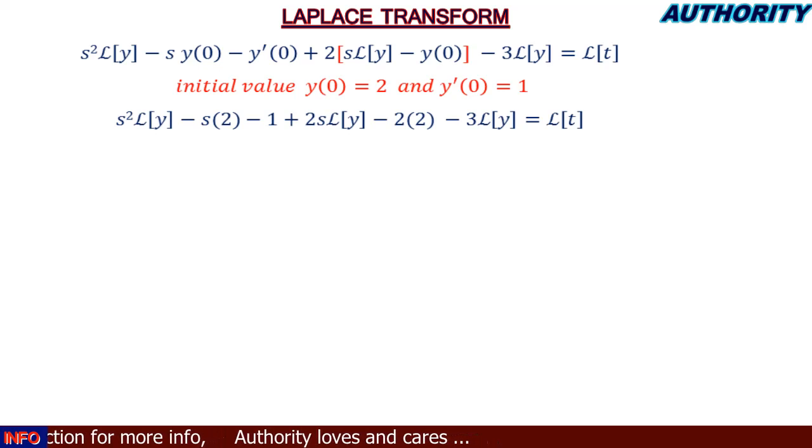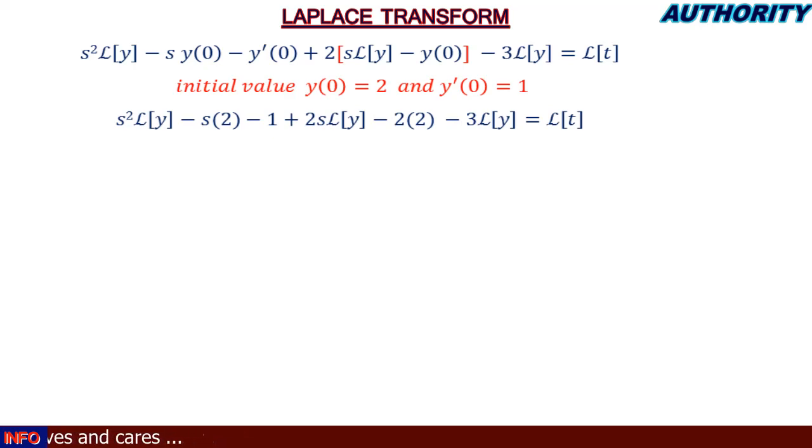Here we are using 2 to open this small bracket, so we have 2s times the Laplace transform of y, minus 2 times y(0), and y(0) is 2, so minus 2(2). Then minus 3 times the Laplace transform of y, equal to the Laplace transform of t. Is that clear?